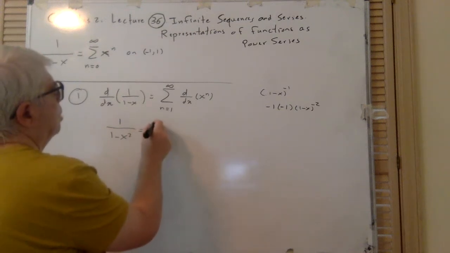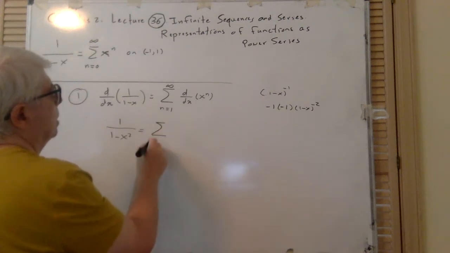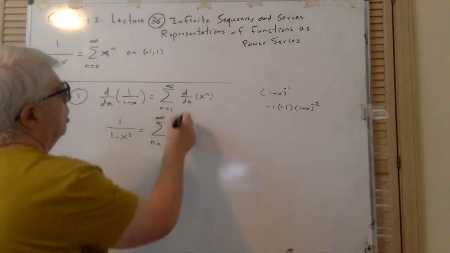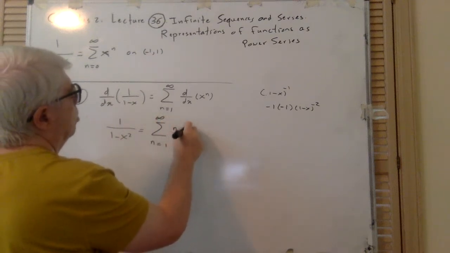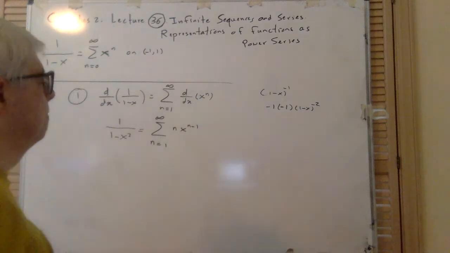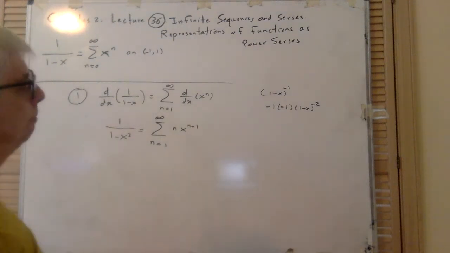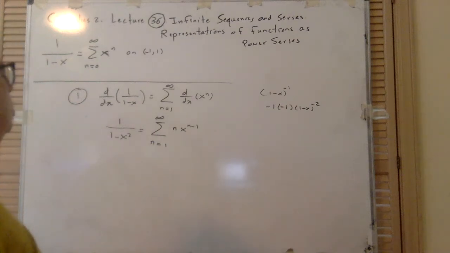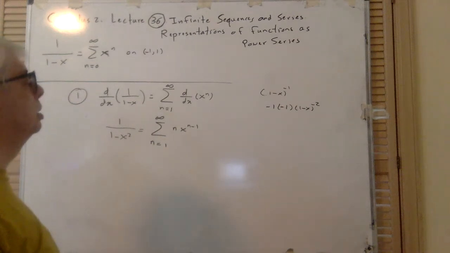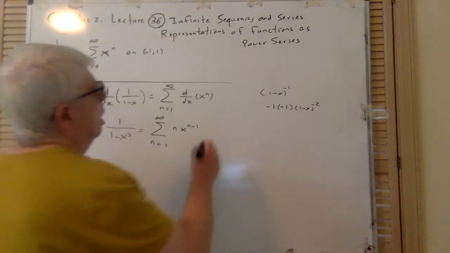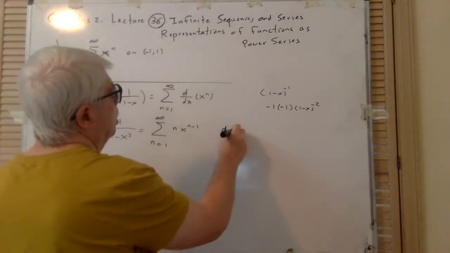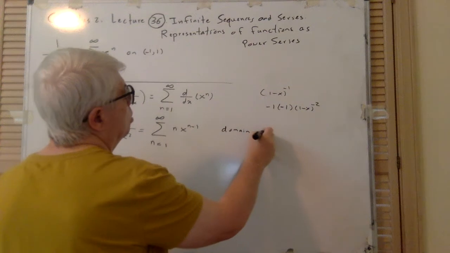This is, in fact, the sum n from 1 to infinity of n x^(n-1). So this function 1 over (1 - x)^2 has this Taylor expansion, so power series expansion, and the domain is again (-1, 1).